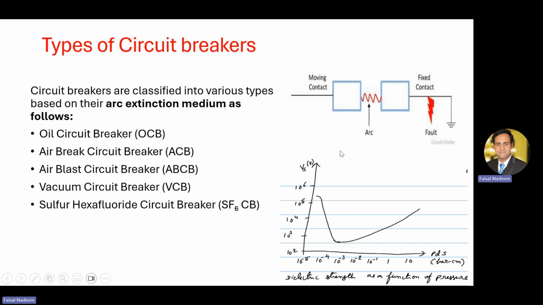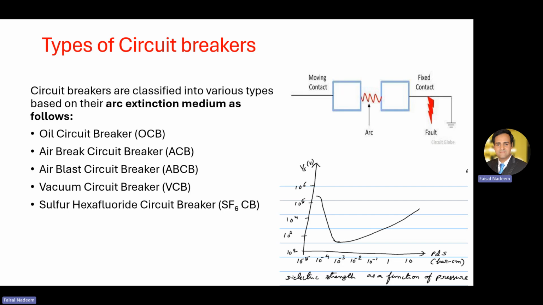Secondly, they must be highly electronegative materials so that they can reduce the electrons in the vicinity and around the contacts of the circuit breaker. Thirdly, they can reduce the temperatures. They must be environment friendly as well.